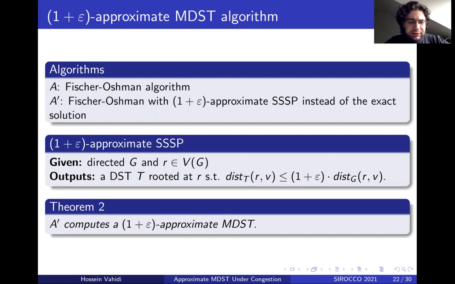Well, it seems convenient enough. Instead of a shortest path, you're using a 1 plus epsilon approximate one. So you are paying at most 1 plus epsilon higher than the optimal solution.